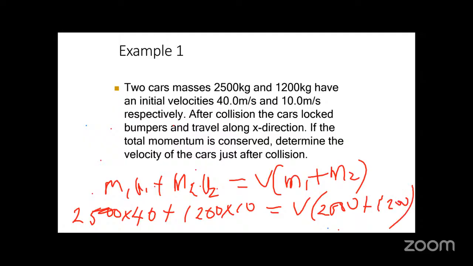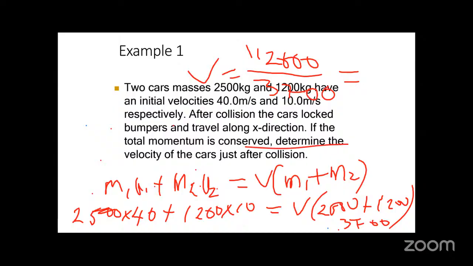So this will give us 3,700, while this will give us 100,000 plus 12,000. That is 112,000. 112,000 divided by 3,700. That will give us our V.